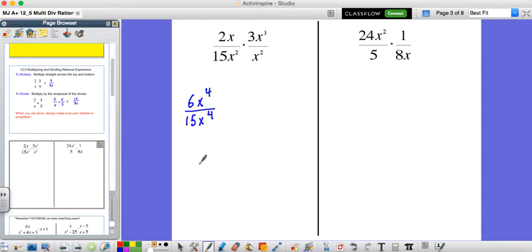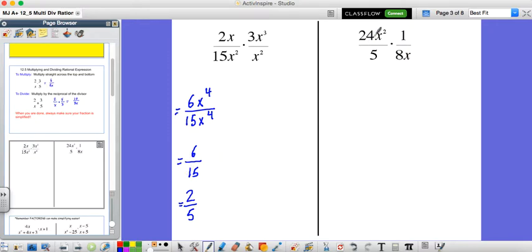You might see right away x to the 4th will go away, so you're left with 6 over 15. 6 over 15, simplifying that fraction, is just 2 over 5. So this entire expression simplified is just 2 over 5.